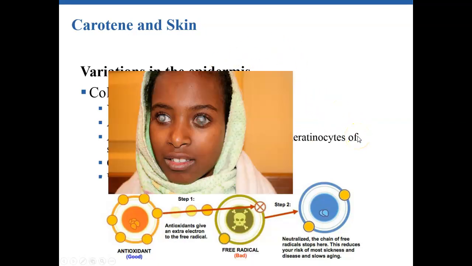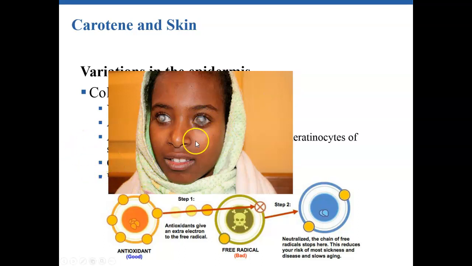In countries where vitamin A is lacking, so if you're not getting enough orange and yellow vegetables, you're not getting enough vitamin A in your diet, these people are going blind because they don't have the retinols forming to be able to take in the light energy and convert it to a picture of what they're supposed to see.